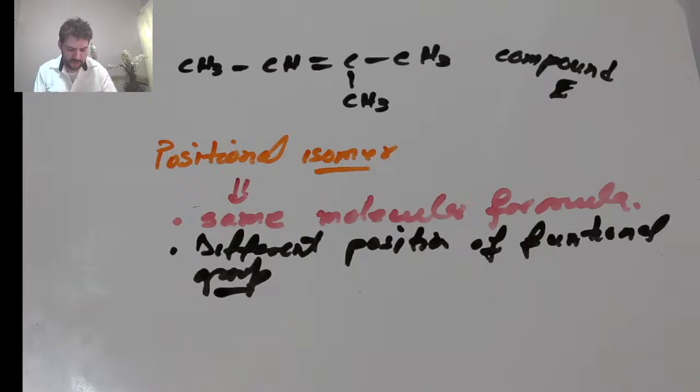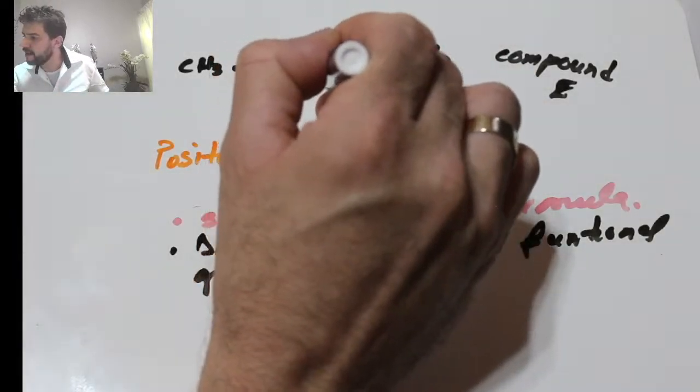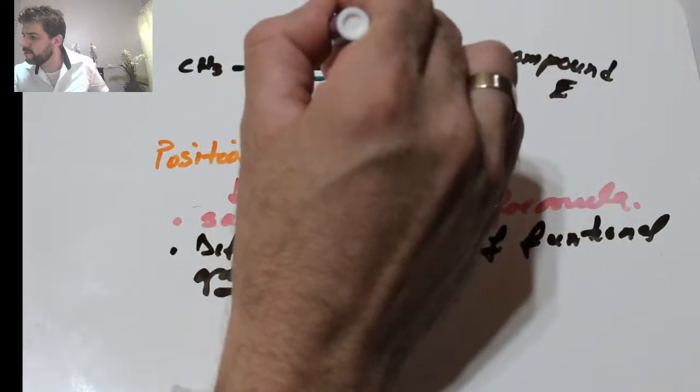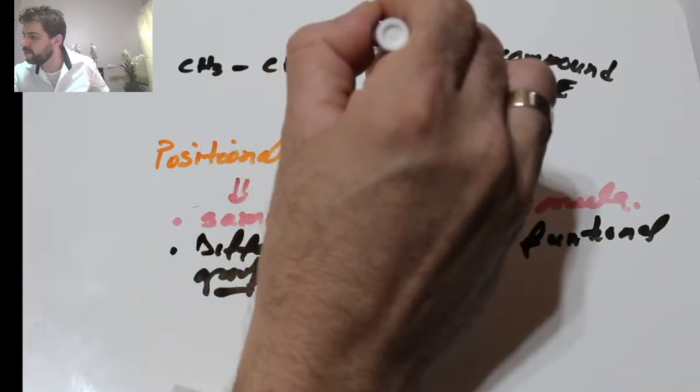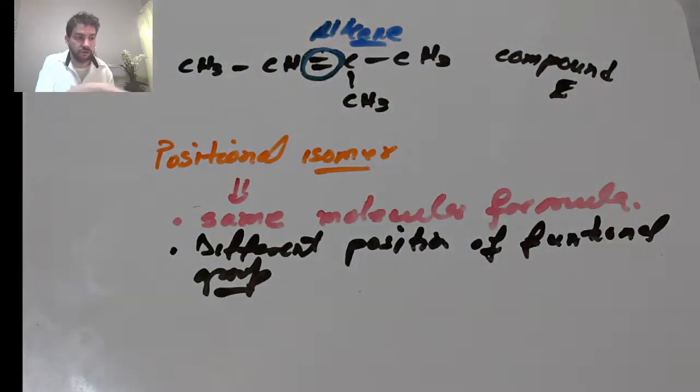Right. So now which one is the functional group in this specific compound? The functional group is the double bond. This one is an alkene. The functional group is that double bond. So the position in which that double bond is located is going to change.